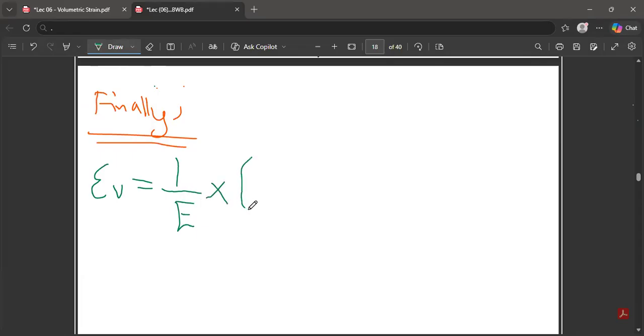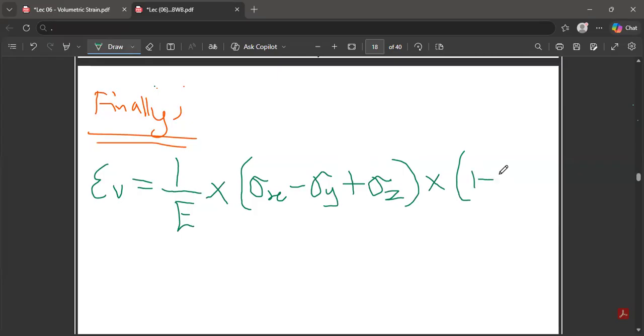So we say that this is the stress at X minus the stress at Y, plus the stress at Z. Bracket close. All multiplying 1 minus 2 mu.